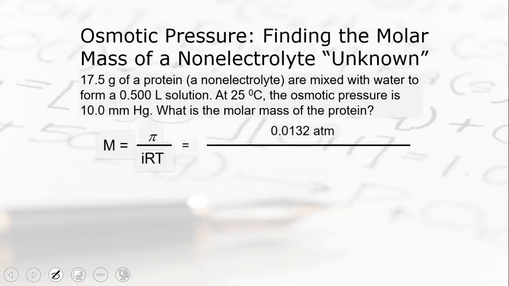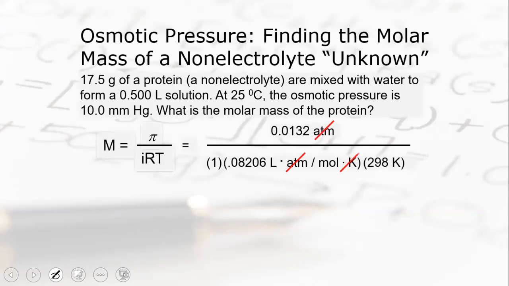What is the value of i? Right, it's 1. It's a non-electrolyte, so i equals 1. R, we have it. Temperature is 298. Make sure you put the units. Just because you're almost finished with this class doesn't mean that you don't still have to make sure the units cancel out, right? Don't get too cocky with that.